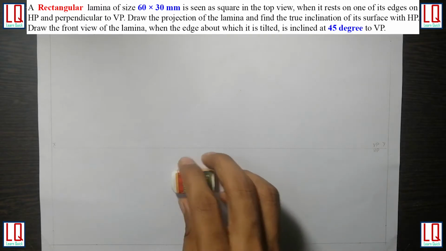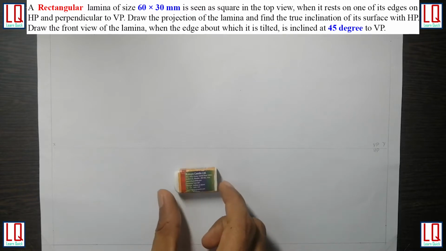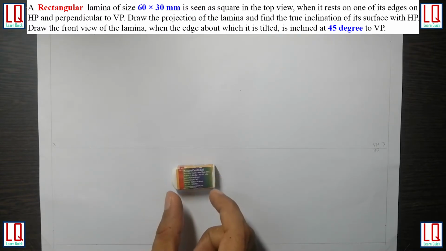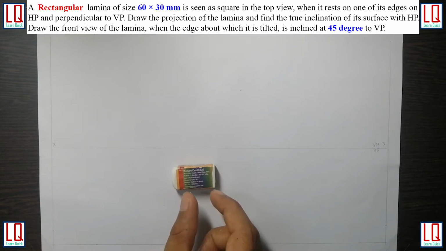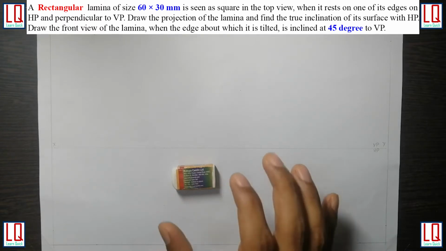For example, assume this is a rectangle, and this side is 60 and this side is 30. When I incline it to the right or left side, the 60 mm will get reduced, and at one point it will become 30 mm. The rectangle will be visible as a square from the top view. So this is what we have to do in this problem.